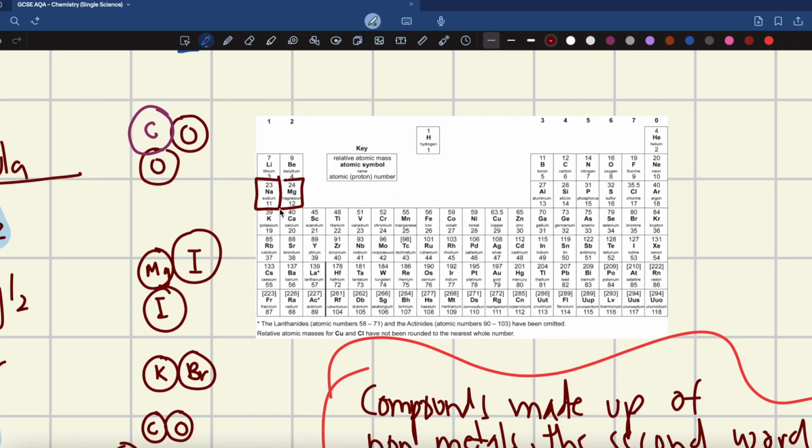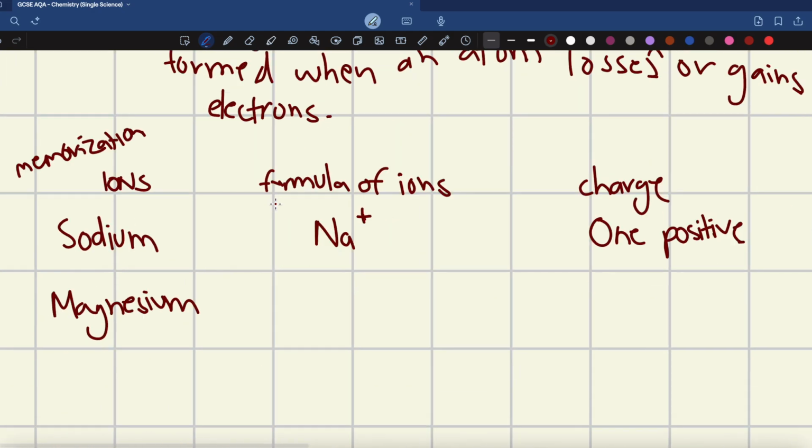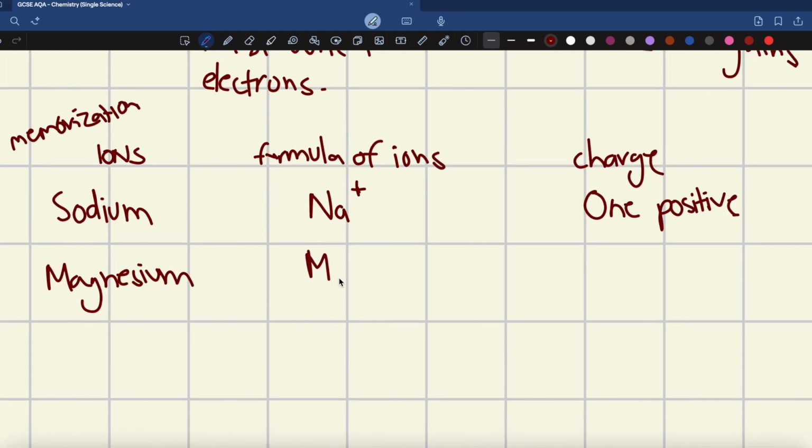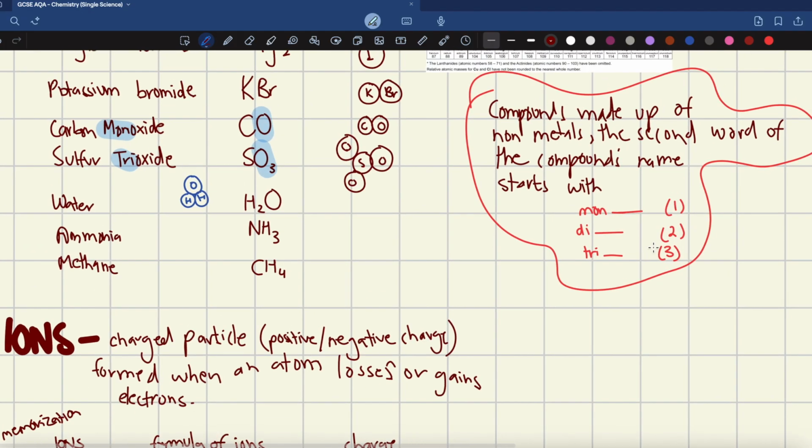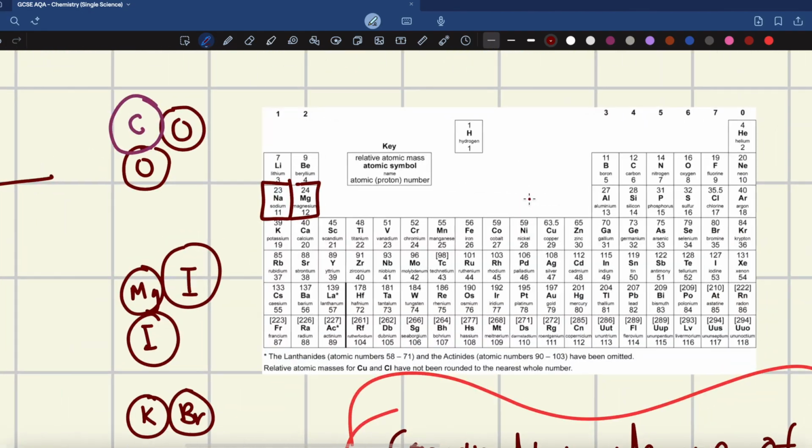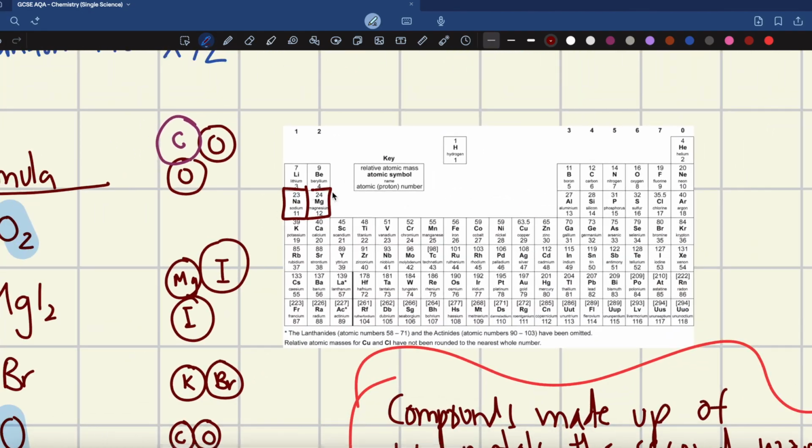And if I tell you that magnesium has a charge of 2 positive, let's try and make a correlation. Sodium had a charge of plus 1. Magnesium had a charge of plus 2. Do we not see that sodium is in group 1 and magnesium is in group 2?